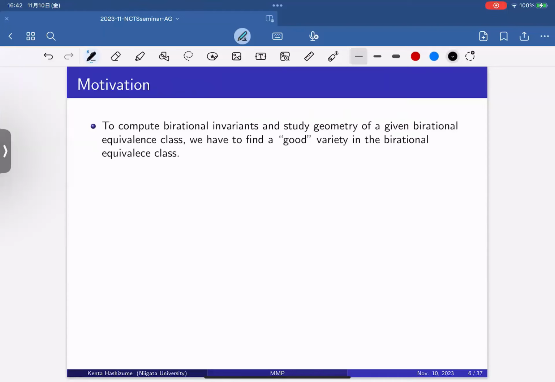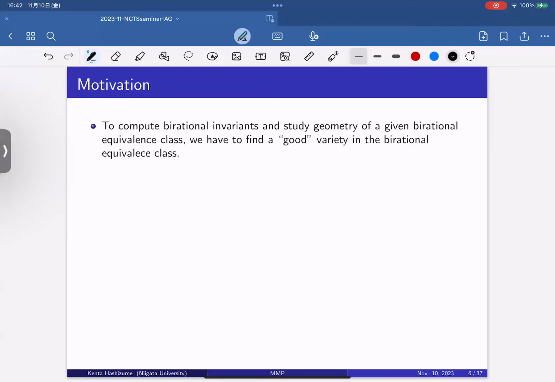And next, I will explain the motivation of the minimal model theory. Okay, birational invariants are important to study, but in general, it is difficult to compute birational invariants.